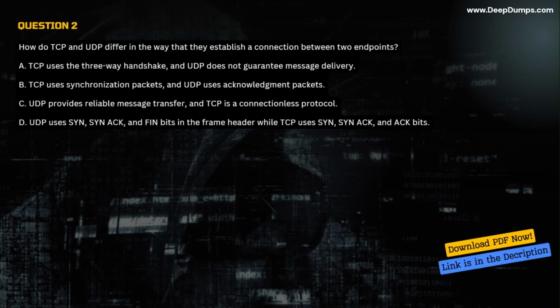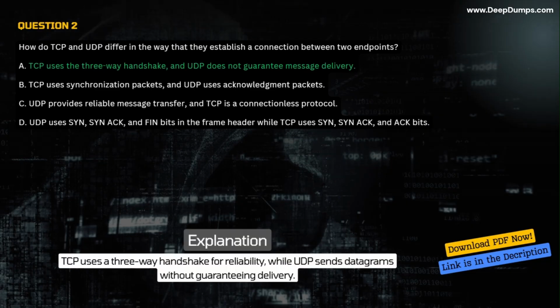D. UDP uses SYN, SYN-ACK, and FIN bits in the frame header while TCP uses SYN, SYN-ACK, and ACK bits. Correct answer A. TCP uses the three-way handshake, and UDP does not guarantee message delivery. Explanation. TCP uses a three-way handshake for reliability, while UDP sends datagrams without guaranteeing delivery.